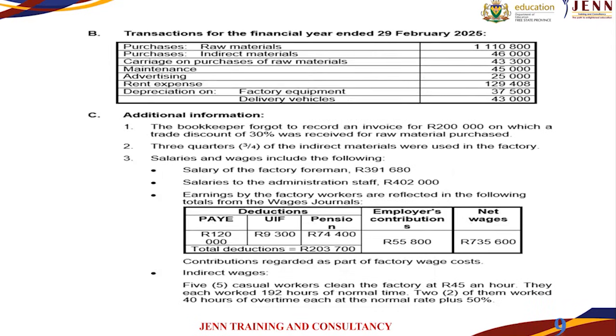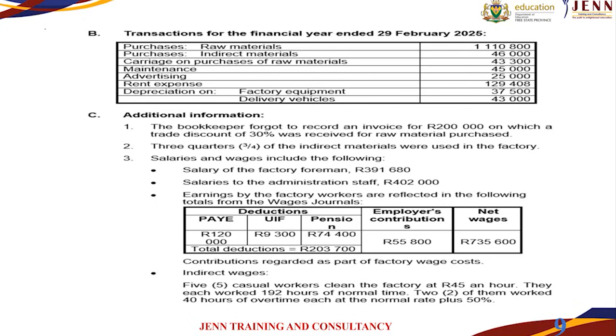Now we need to look if there are any returns done by the business. When we go to information C, additional information number 1, it says the bookkeeper forgot to record an invoice for 200,000 on which a trade discount of 30% was received for raw material.